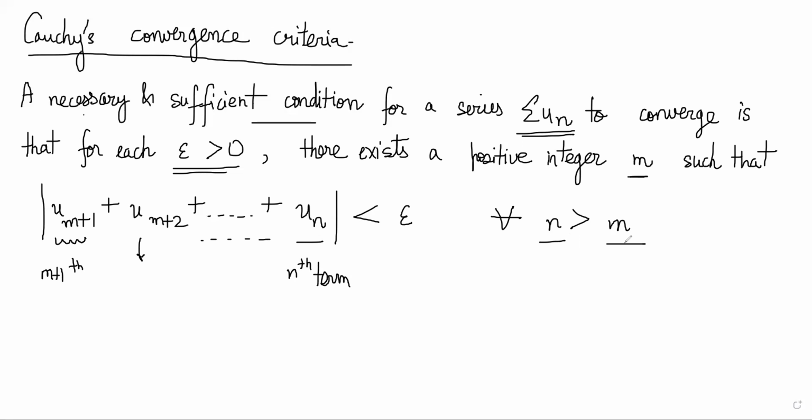So basically what you are saying is that from above the mth term, the sum till the nth term should still be less than epsilon. And this has to be true for any epsilon, right?